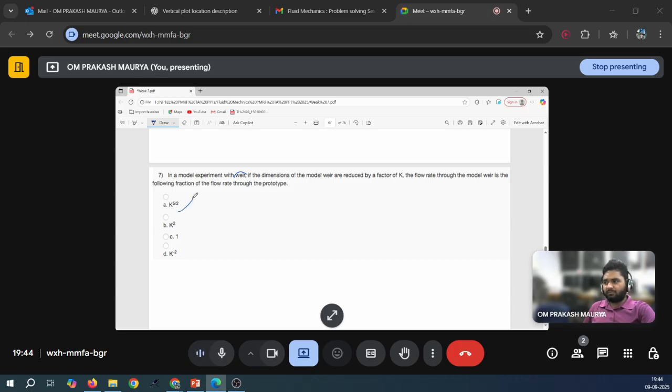Option A, k to the power 5 by 2, option B, k to the power 2, option C, 1, and option D, k to the power minus 2.